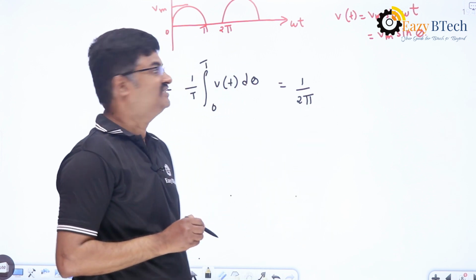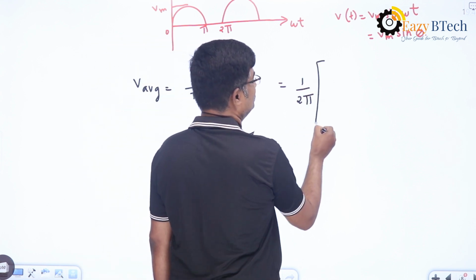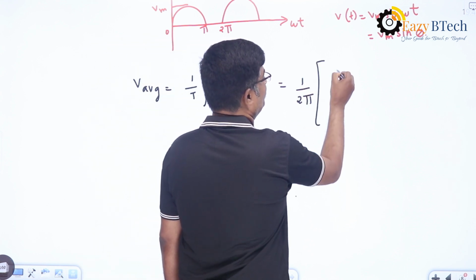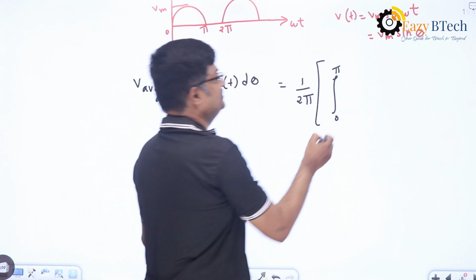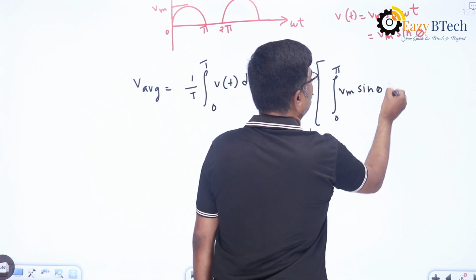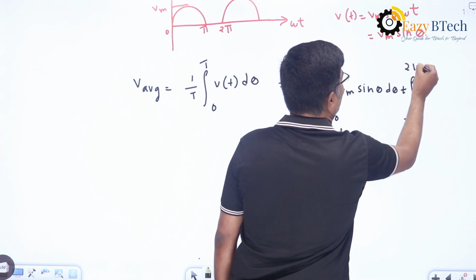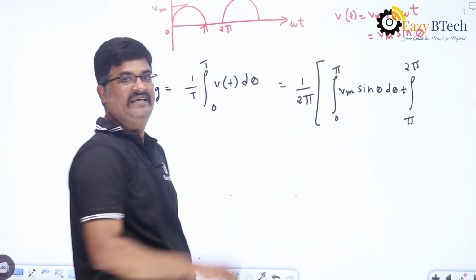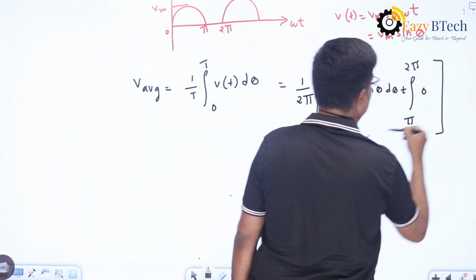In the integration from 0 to 2 pi, I will be dividing this as 0 to pi. From 0 to pi, I am having the value which is equal to Vm sine theta into d theta, plus pi to 2 pi. From pi to 2 pi, the value of V of t is equal to 0. So this is equal to 0.